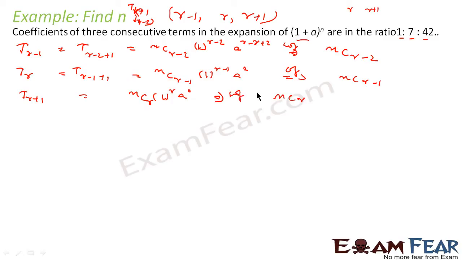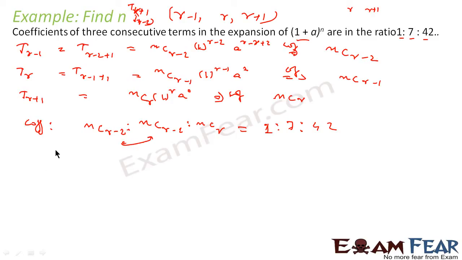So we have the coefficients nC(r minus 2) : nC(r minus 1) : nCr equal to 1 : 7 : 42. This is the equation we have got till now. Now we'll solve this. I'll take the first two and then the last two.